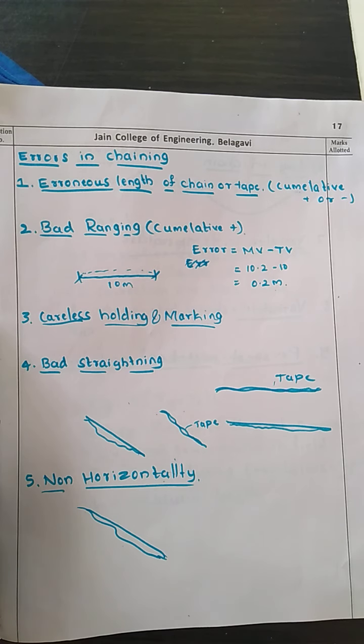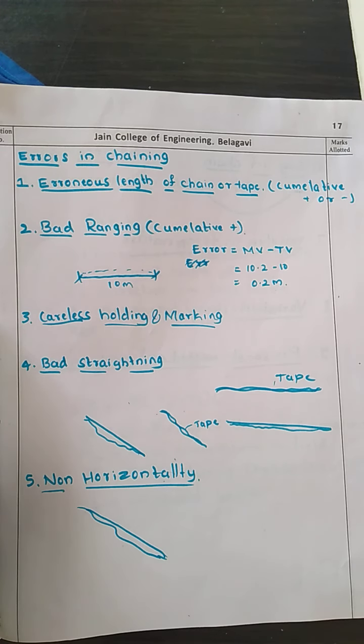Now, in today's class we are going to discuss the different kinds of errors that we are going to have whenever we take a horizontal distance. Then the different types of errors during chaining, and how to make the corrections, the tape corrections.